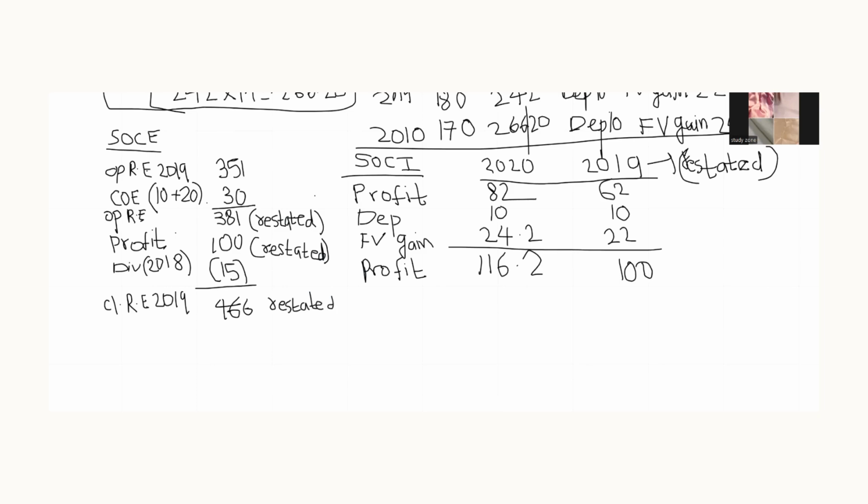Then profit 2020 is 116.2, and there's no dividend for this year. Closing retained earnings is 582.2.